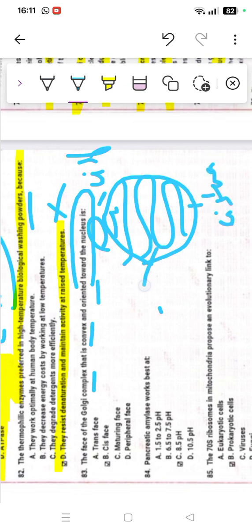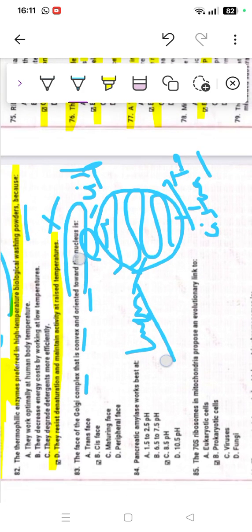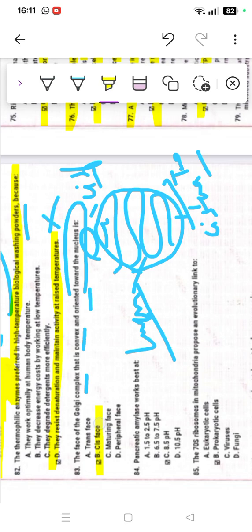The entire region is called the lumen, which simply means cavity. This side is called the trans face, which is concave, but the cis face is convex. So B is the right option.